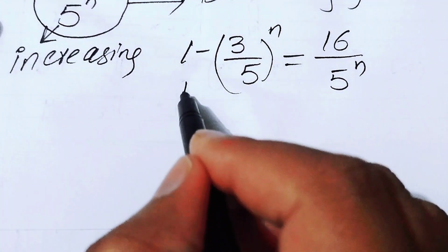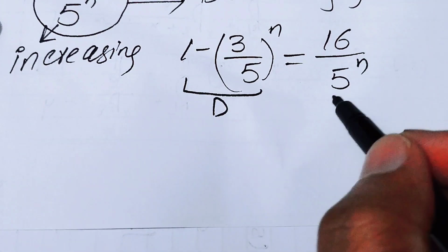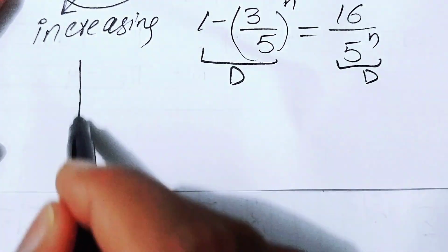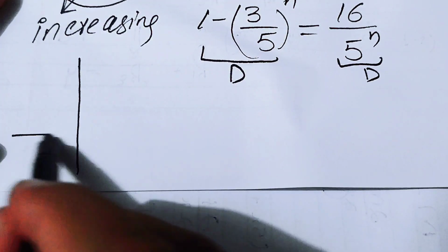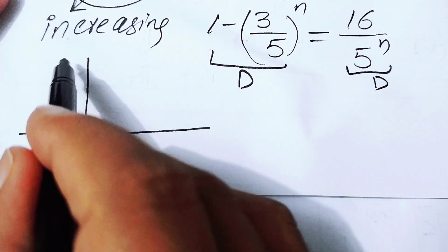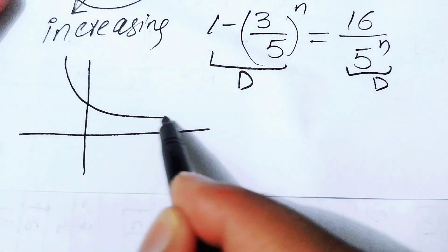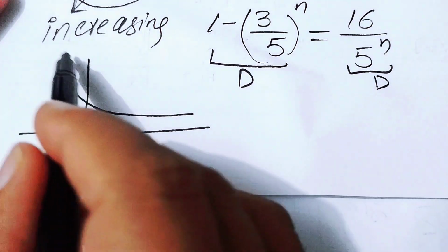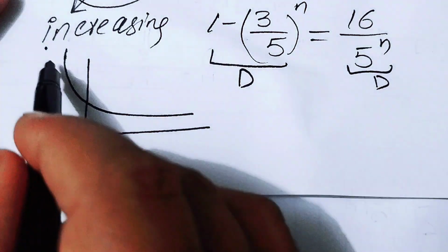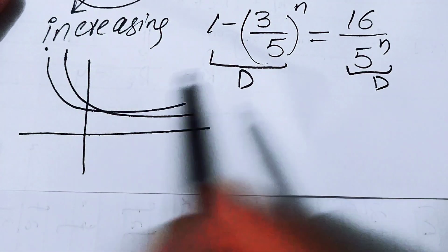And we can see here this is a decreasing function, similarly this is a decreasing function. The graph of a decreasing function in the xy plane is in the form of this one. Similarly, you have another function in the form of this.